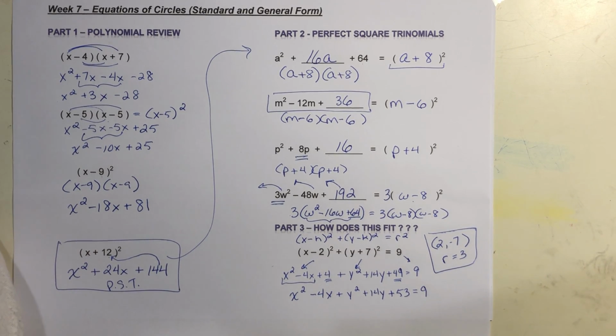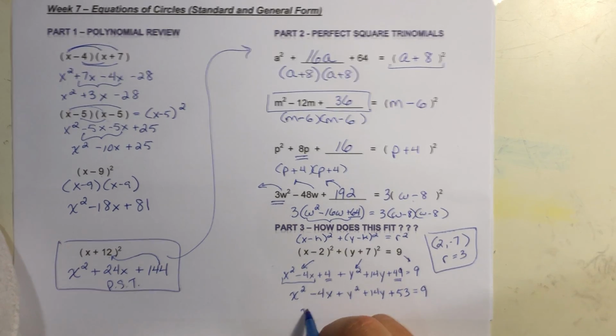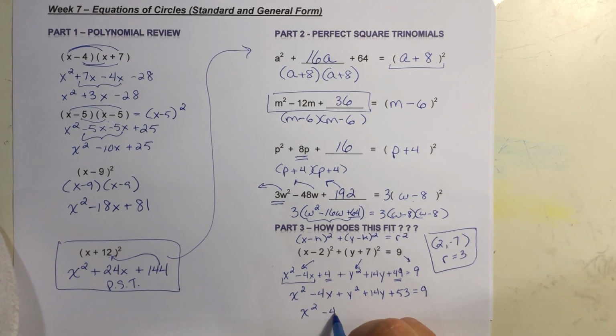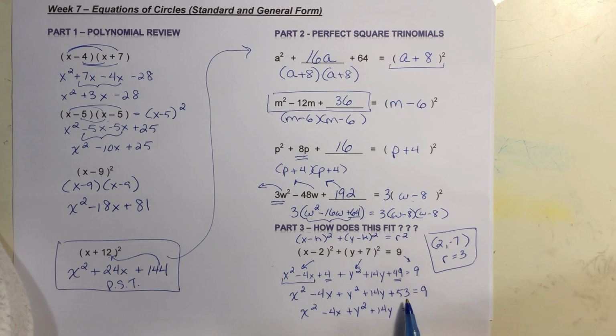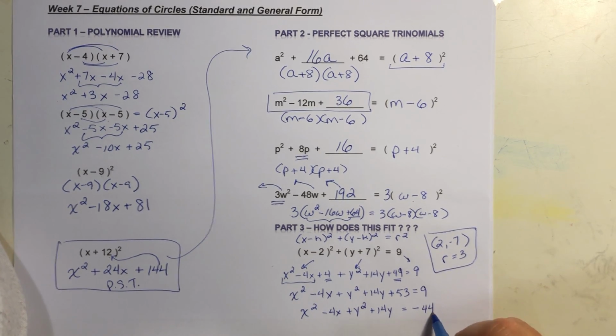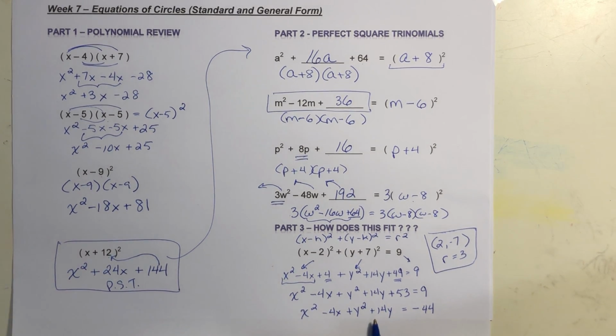All right, and then what you'll notice on a lot of our examples is they might write this in what we call general form, and what we would do is subtract that over, right? So if I finish this up and say x squared minus 4x plus y squared plus 14y equals, now I'm going to have 9 minus 53, right? Which is going to be negative 44.